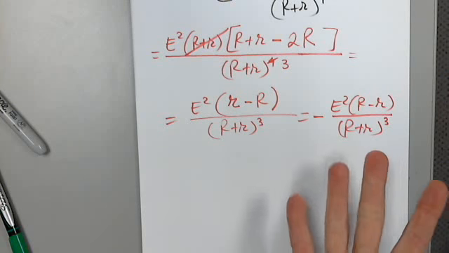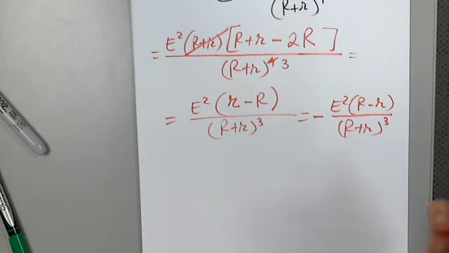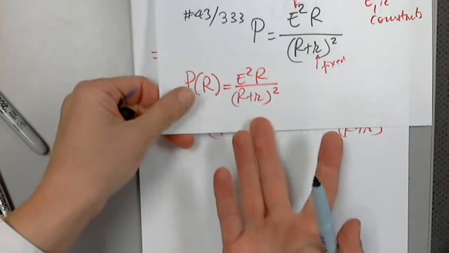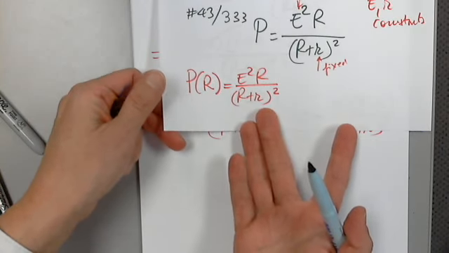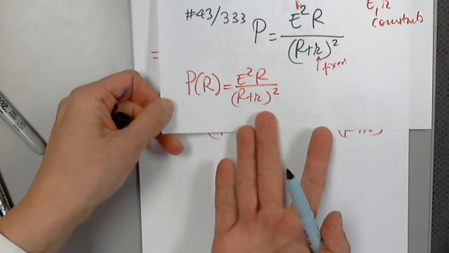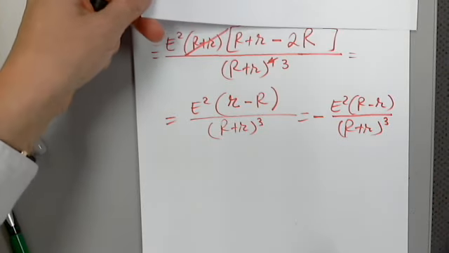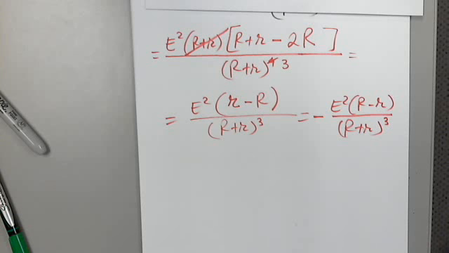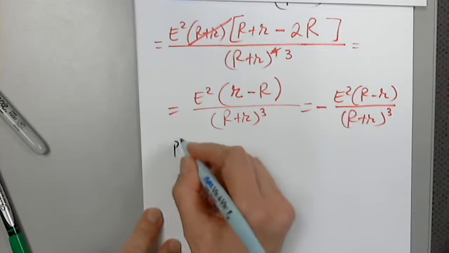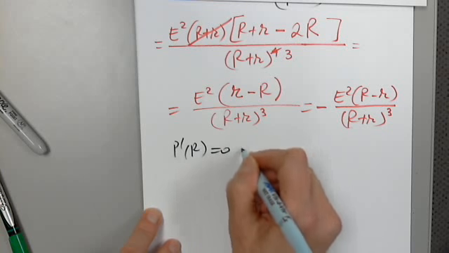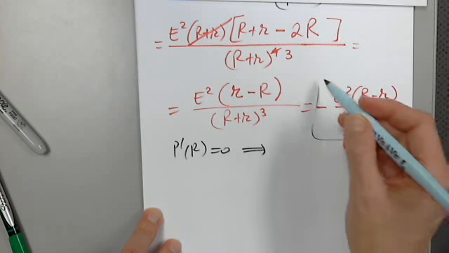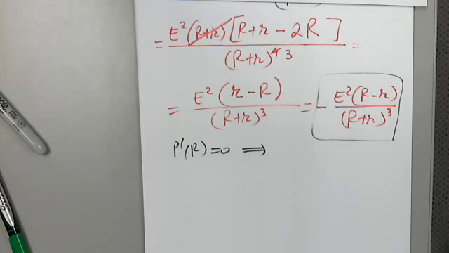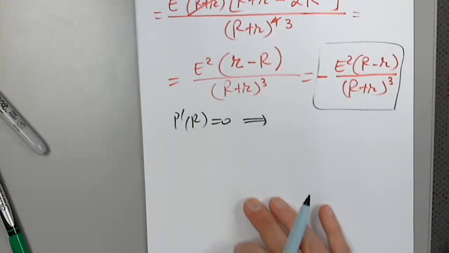Good. R plus r cannot be 0. The function will not be defined when the denominator is 0 anyway, so there is no way that this is going to be undefined. So the only possibility is that P prime of R is 0, and after we worked on this and simplified it to the core, we can say right away what the solution is.